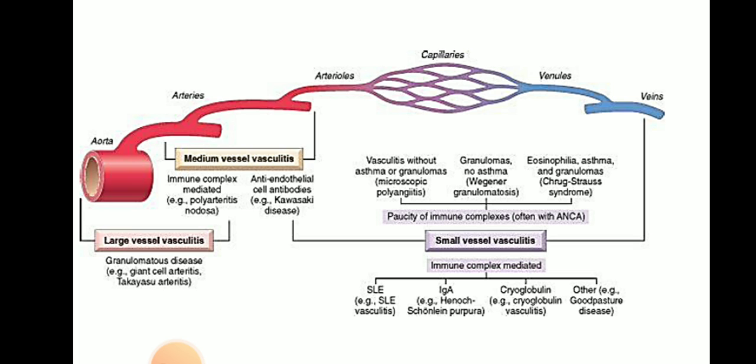Small vessel vasculitis is further classified into immune complex mediated and anti-neutrophilic cytoplasmic antibody related vasculitis. Immune complex mediated vasculitis are SLE, Henoch-Schönlein purpura, cryoglobulinemic vasculitis and Goodpasture disease.